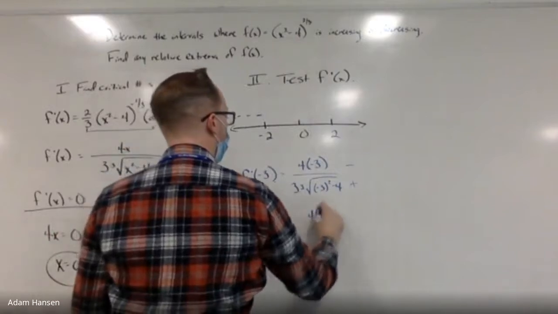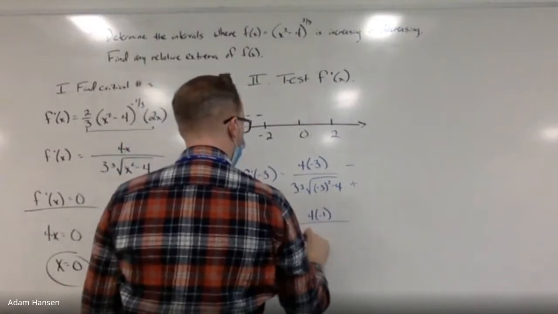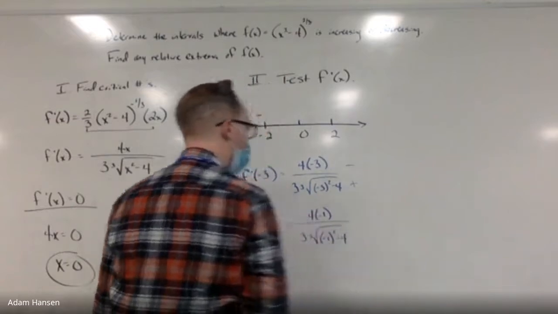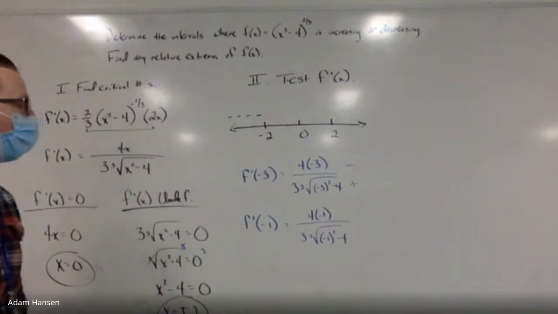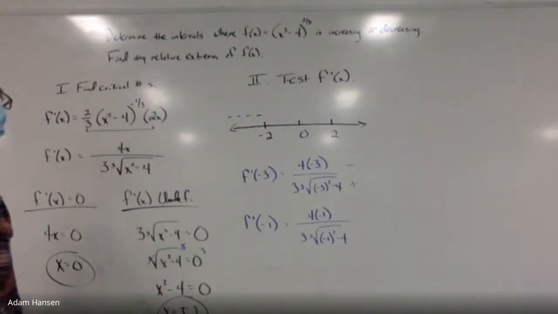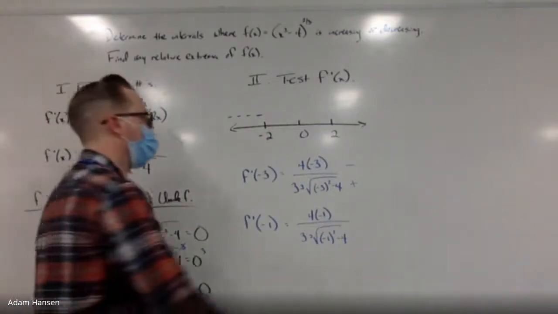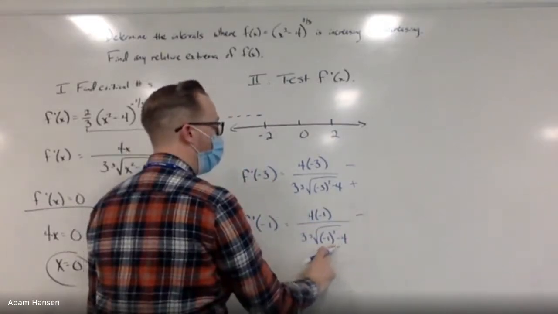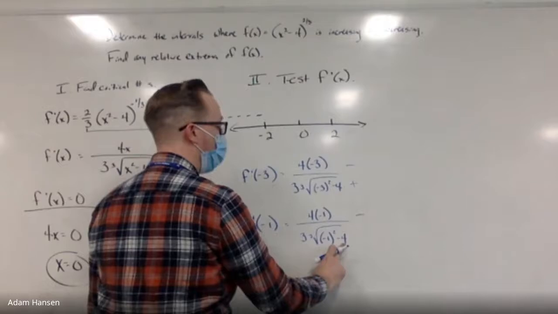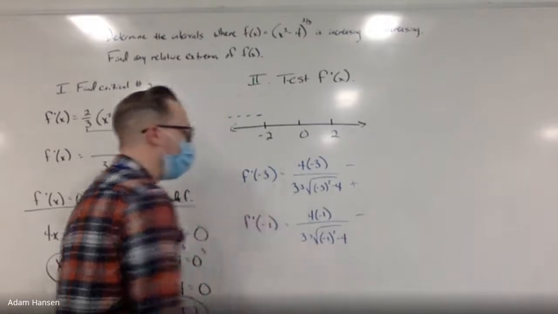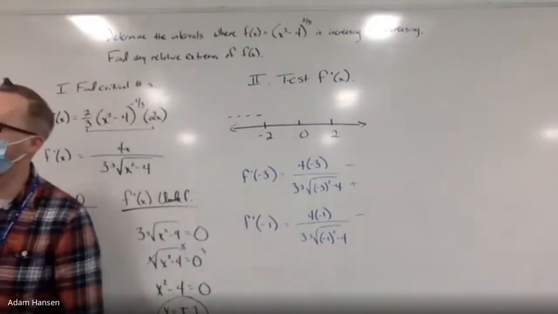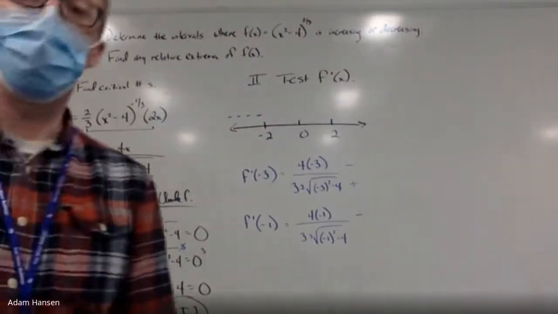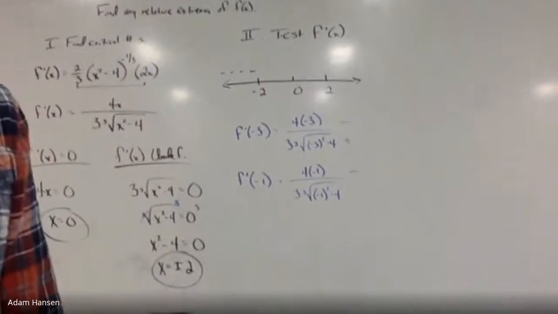So 4 times -1 over 3 times the cube root of -1 squared minus 4. 4 times -1 is negative. -1 squared minus 4, that's 1 minus 4, that's a negative. 3 times the cube root of -3, is that going to be positive or negative?